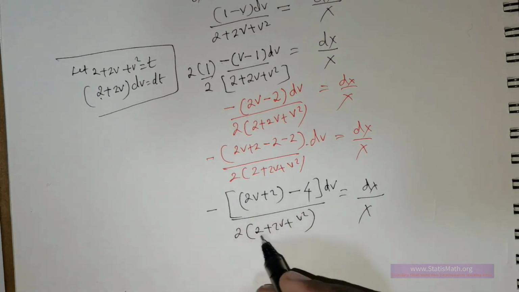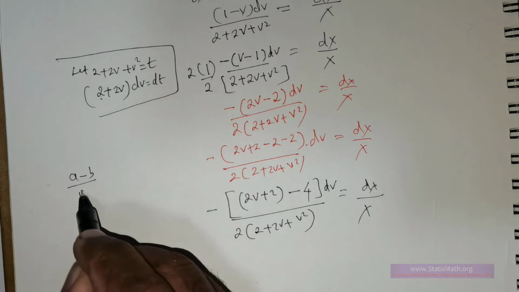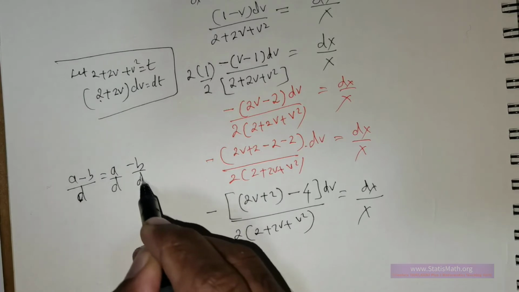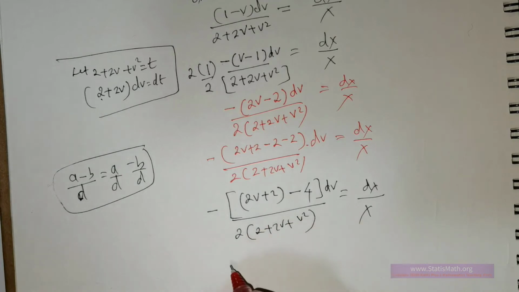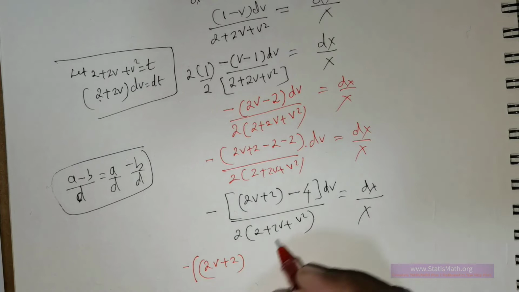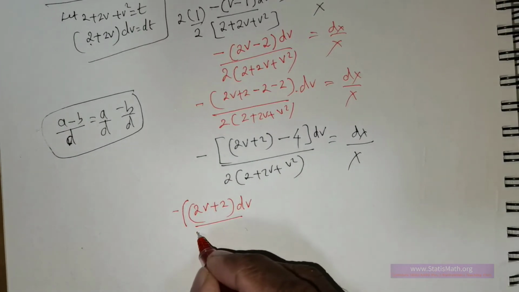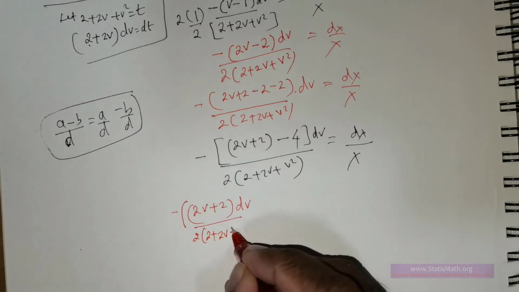Now this term, I'm going to use some algebra. A minus b divided by, say, some d, I can rewrite as a over d minus b over d. That would mean I can now rewrite this entire quantity as negative of (2v plus 2) times dv divided by 2 plus 2v plus v squared.